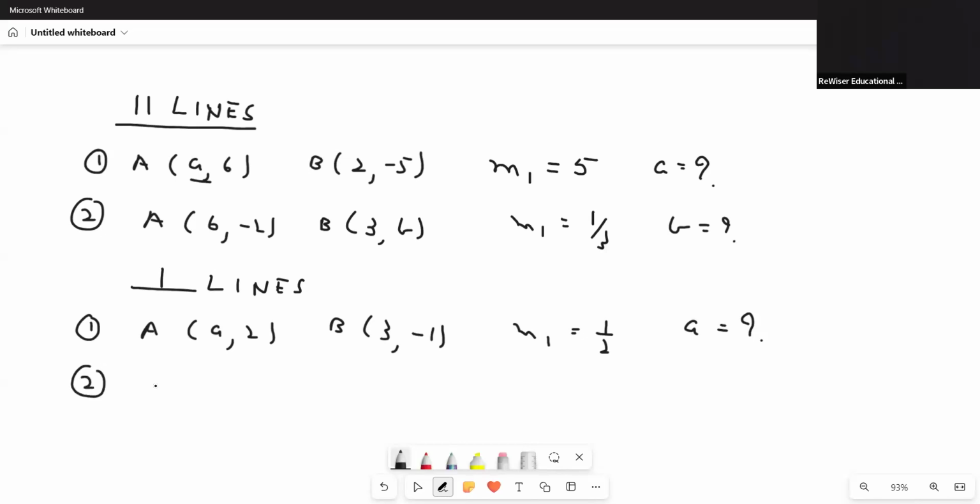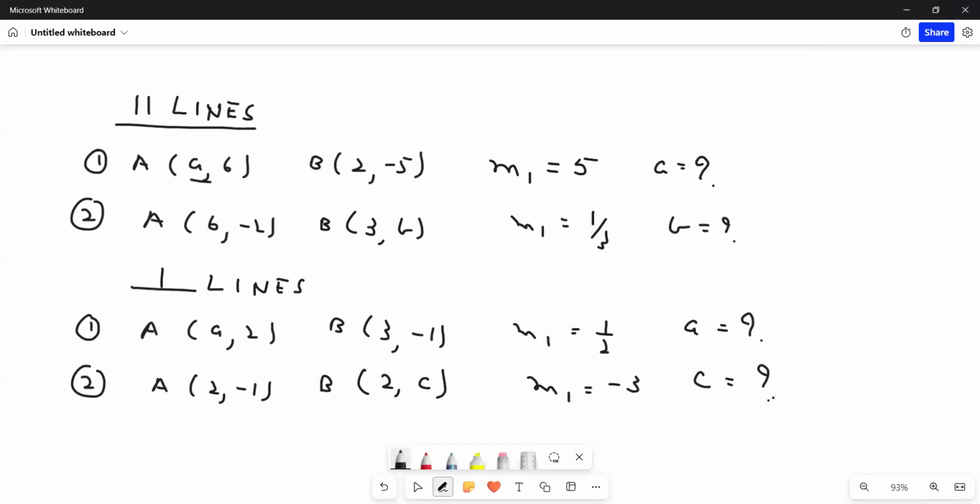B says if A is (2, -1) and the coordinates of B are (2, c), and the gradient is -3, get the value of c. Is the question understood, Valencia? Yes, sir. Try to get A, B, and A.